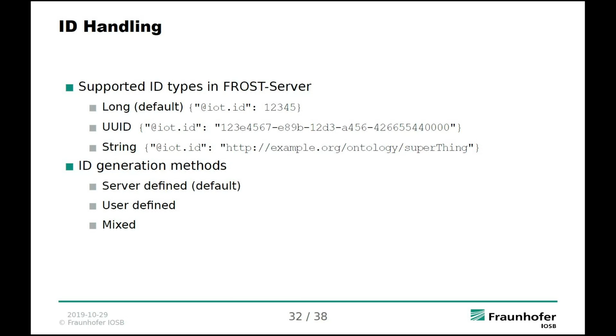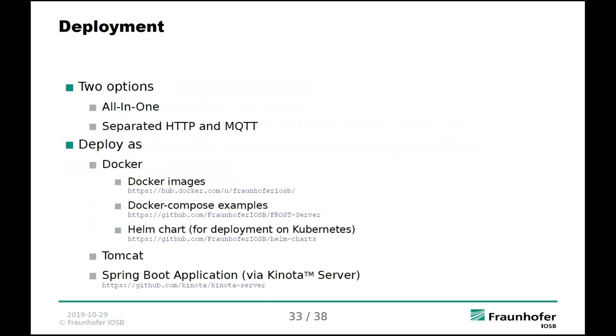Basically, the only allowed one is server defined. So the IDs are always auto-generated. But in reality, we found out that there are quite a few use cases where you want to actually reuse existing IDs from other systems or from a backup maybe. And so we provide also these as a functionality and also some mixed functionality. If you don't provide an ID, then it's auto-generated.